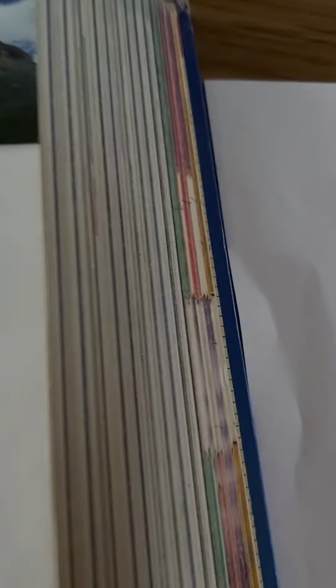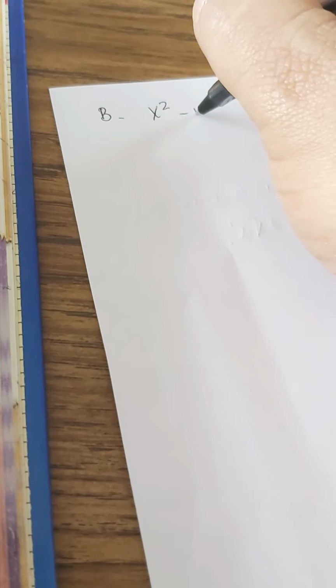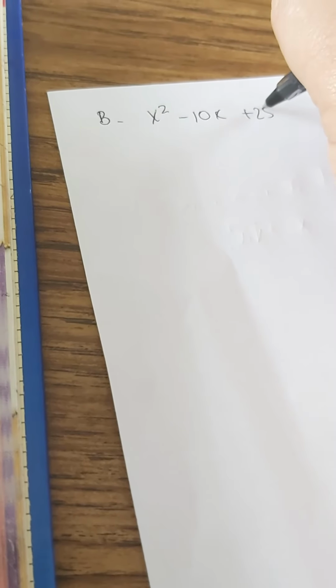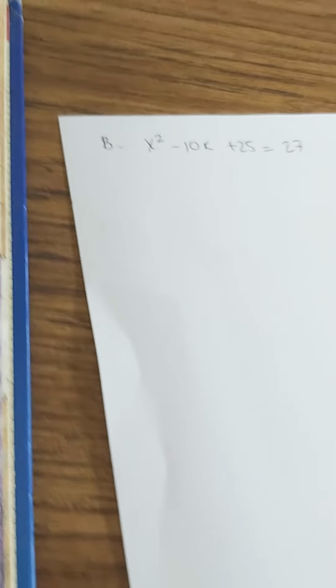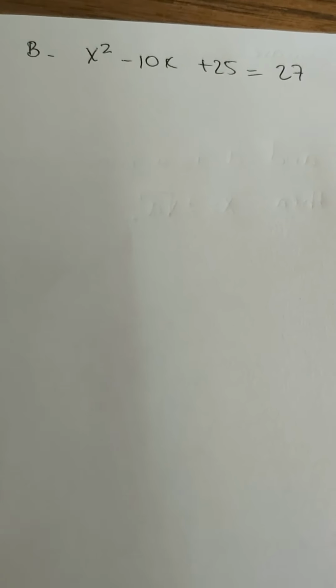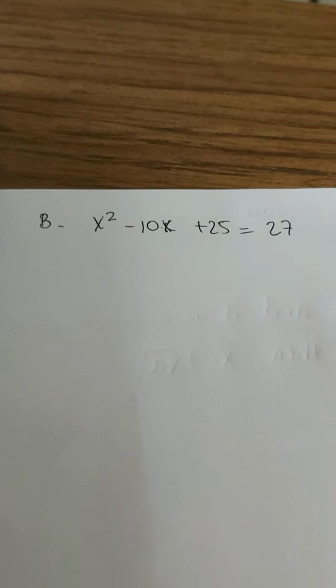Now, part B. Part B says, okay, x squared minus 10x plus 25 equals 27, excuse me. x squared minus 10x plus 25 equals 27.